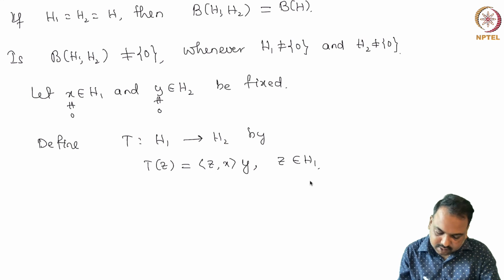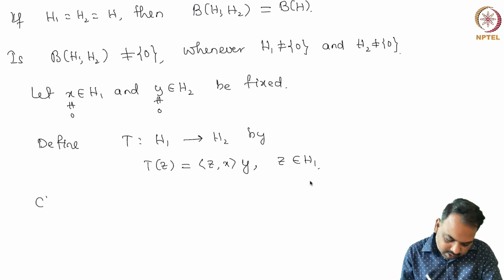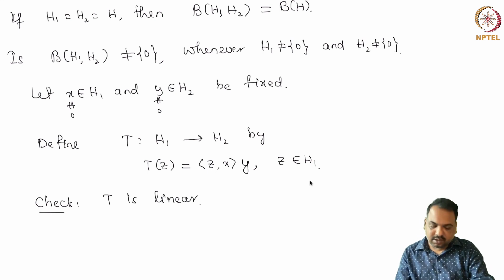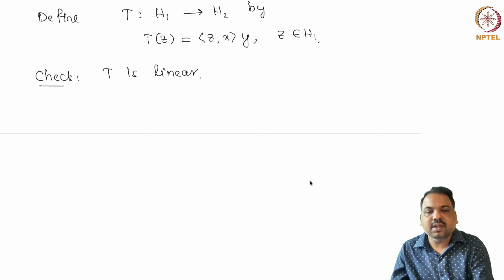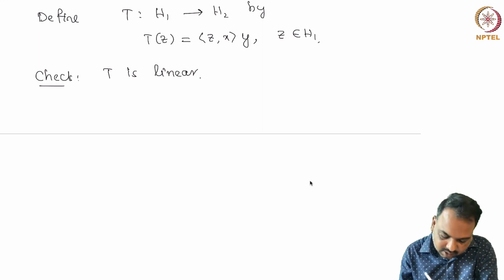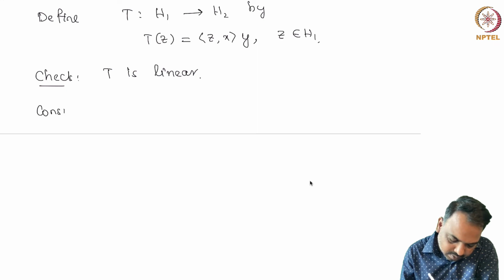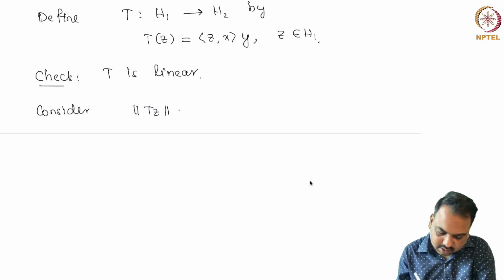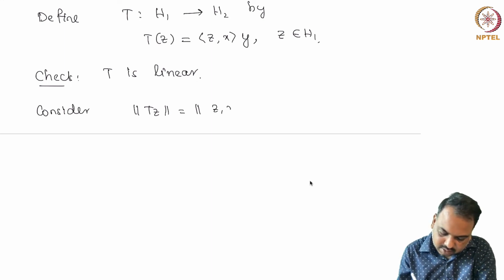Z is in H1. We can easily check that T is linear, and to show that T is bounded, it is enough to find a constant k satisfying the condition that we have seen earlier. So consider the norm of Tz. This is nothing but the norm of the inner product of z with x multiplied by y.